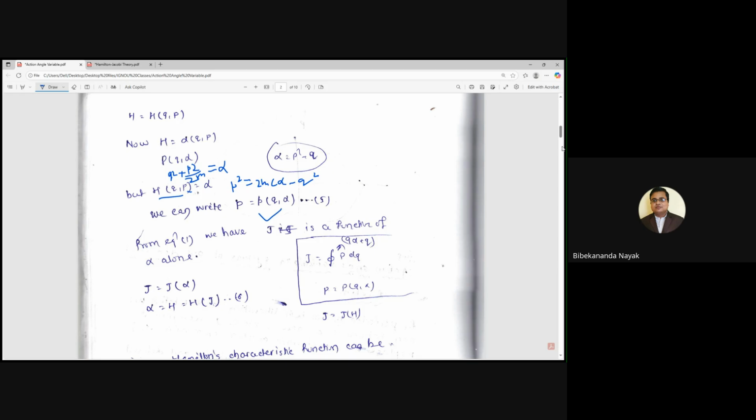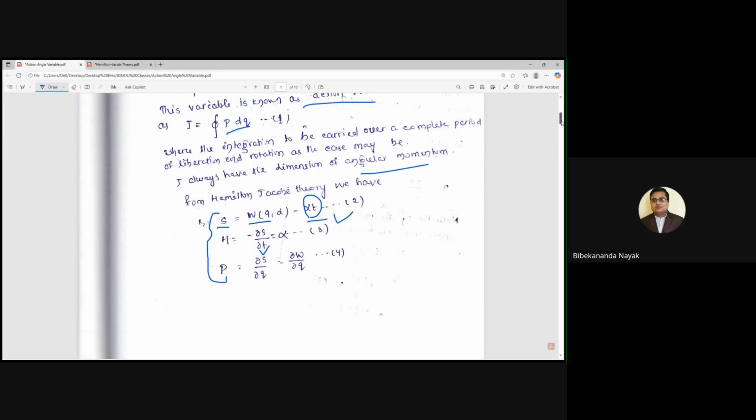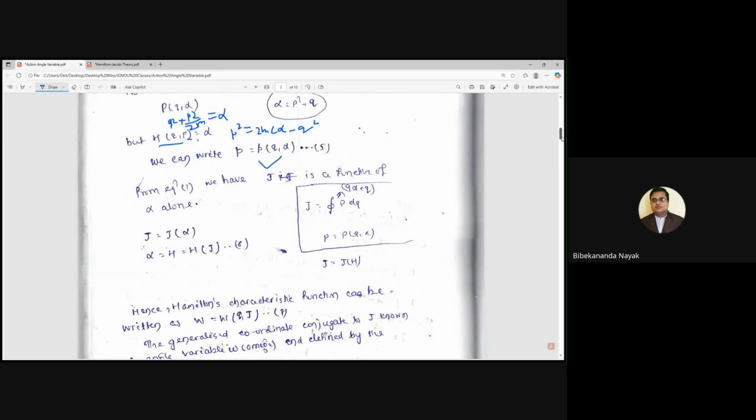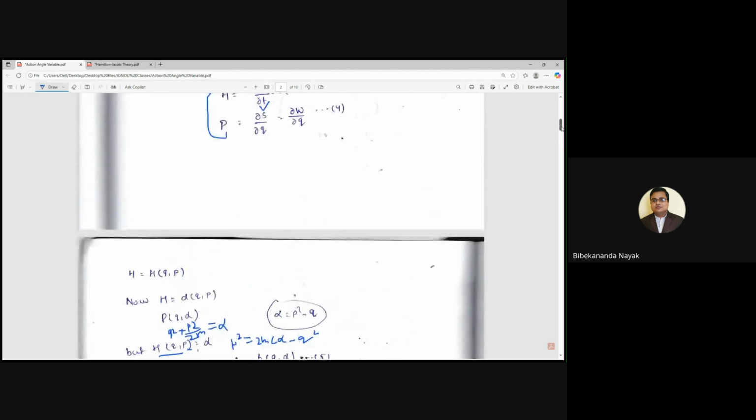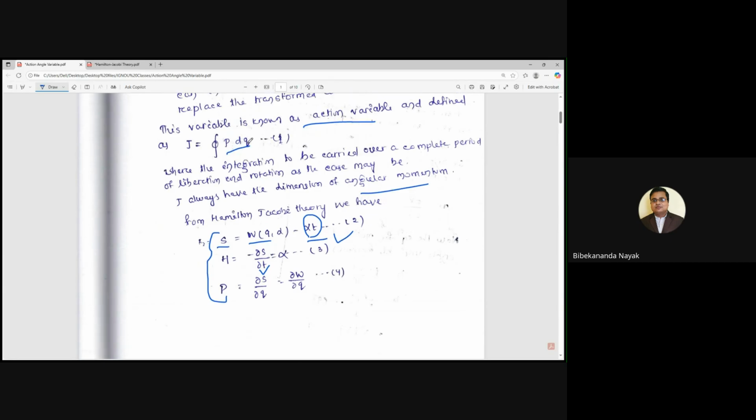So if P is a function of Q, alpha, then what is J? J contains the integration of P dQ. So J is a function of Q, alpha and integration over Q. If it is a limiting case, you put the limit in place of Q, so the result is without Q in general. Since the limit is given, in a closed path also we put the limit.